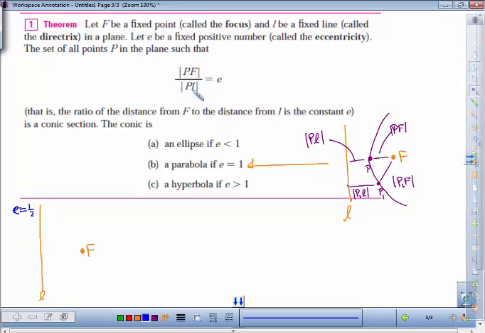So that means the distance from the point to the line should be twice as big as the distance from the point to the focus. So let me go right between them, and the distance between the point and the line, this is P here, should be twice as big as the distance from the point to the focus.